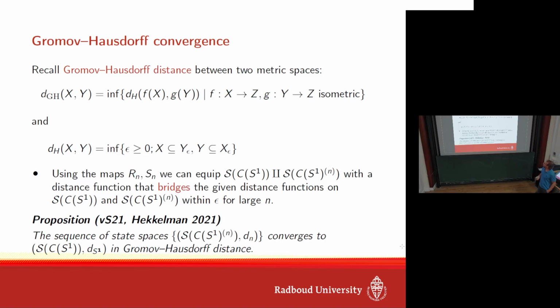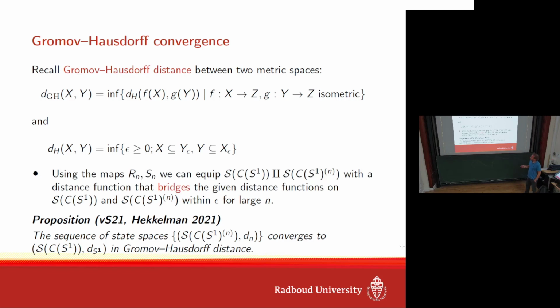So this is to recall from Hausdorff convergence. It's about talking about one space close to, or inside the epsilon neighborhood of, another one, and the other way around, and then taking the smallest such epsilon for all possible embeddings that you make.